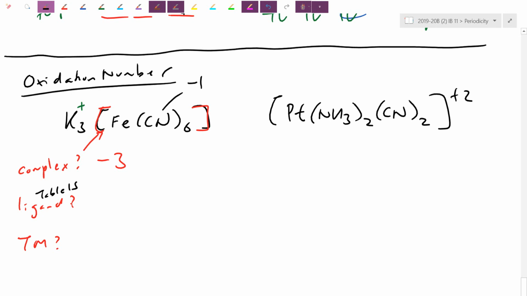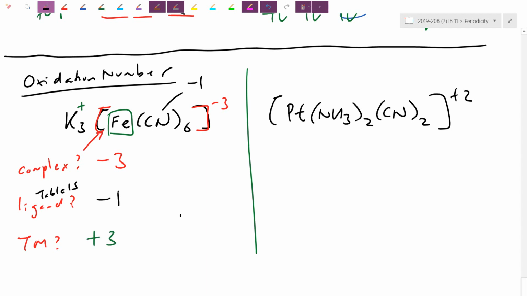Cyano is a -1. When iron gets surrounded by 6 things that are negative, it gives me an overall charge of -3. What charge is iron using? This is an interesting question because transition metals can be multivalent, but we can actually figure out which charge it's using. In this case, the transition metal should be +3.